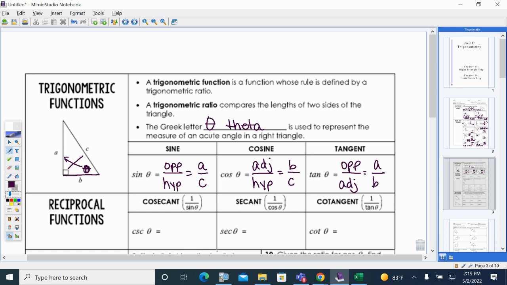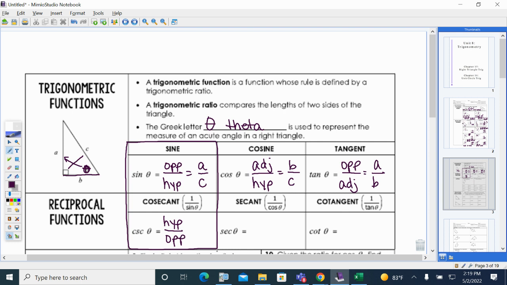You are introduced to three more trig functions here in Algebra 2: cosecant, secant, and cotangent. And they're lined up with their reciprocals. So sine and cosecant are reciprocal functions, so cosecant is going to be your hypotenuse over the opposite.